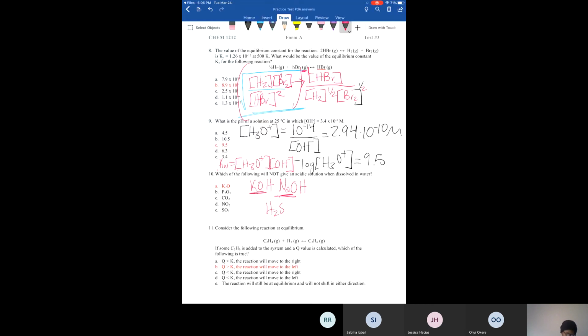So that's a good way if you forget. If you remember your acids versus bases, acids usually involve non-metals and non-metal oxides, whereas bases are usually metals. They don't have to be, but they tend to be.